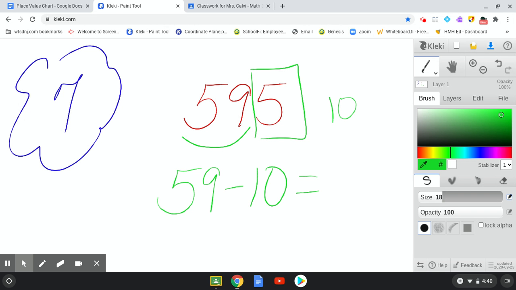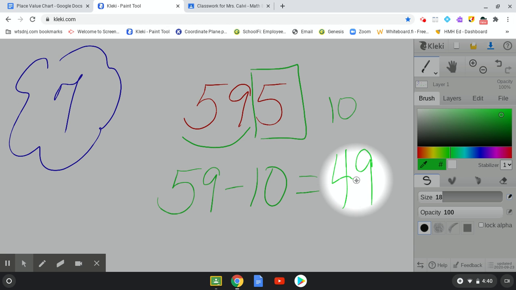That would give me 49. So now I'm looking, is 49 divisible by 7? Or does 7 times a number give me 49 exactly? And the answer is yes, because 7 times 7 is 49. So because 49 is divisible by 7, 595 is divisible by 7.